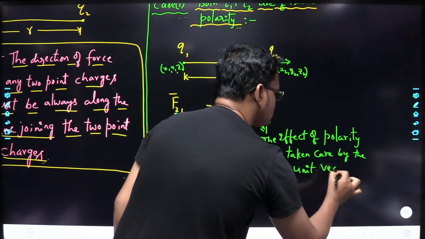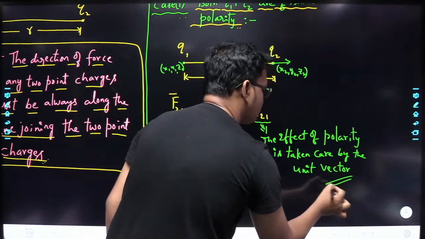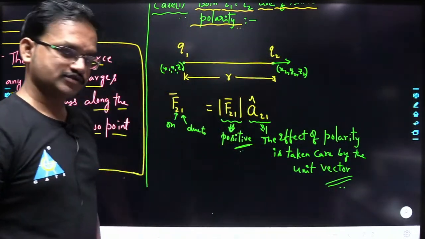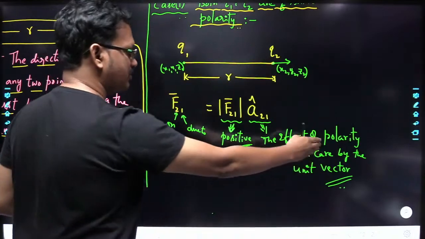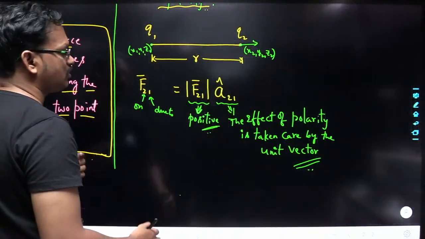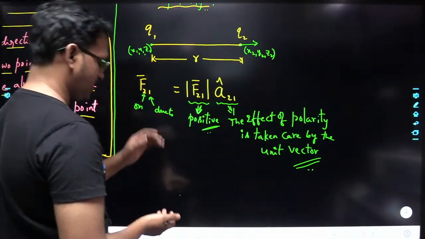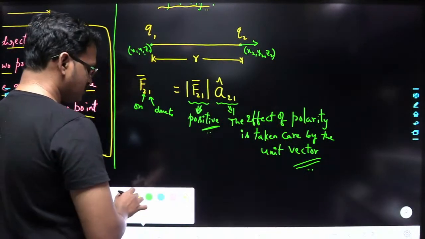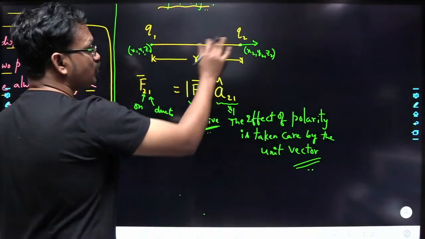If you follow this, then you are not going to have any confusion while determining the force. I will explain what it means that polarity is taken care of, don't worry. Now, first try to calculate the force on 2 due to 1.